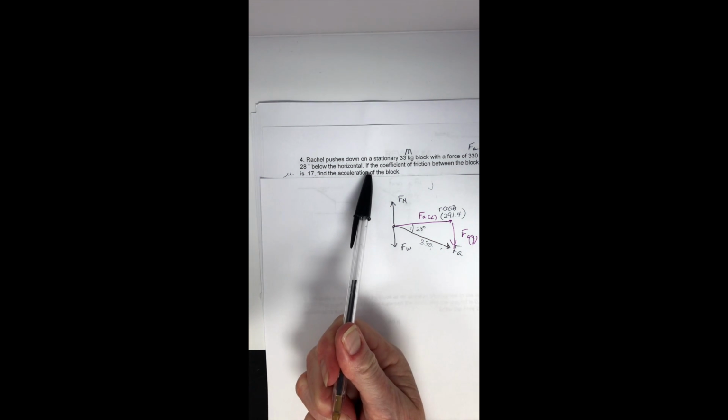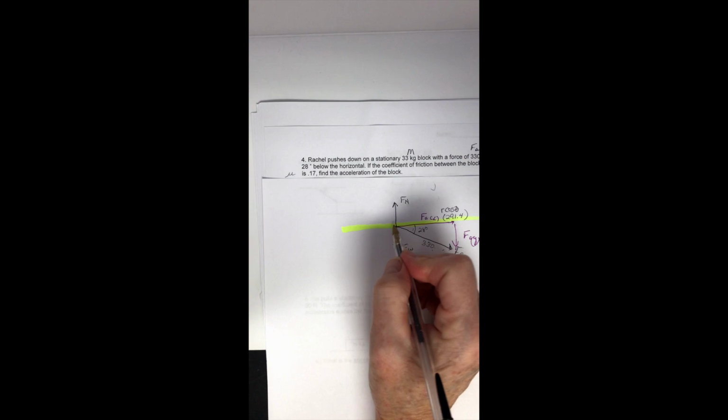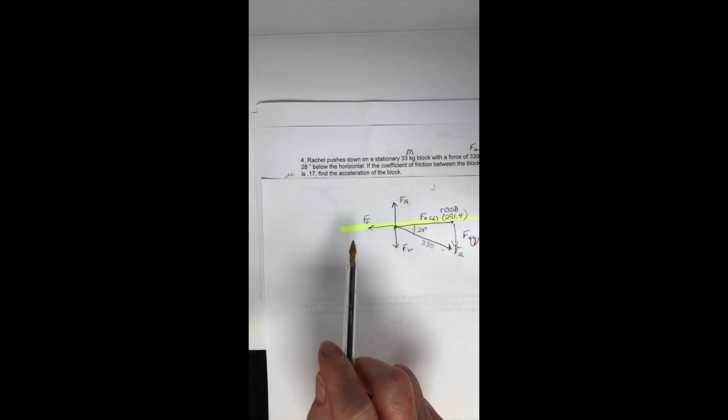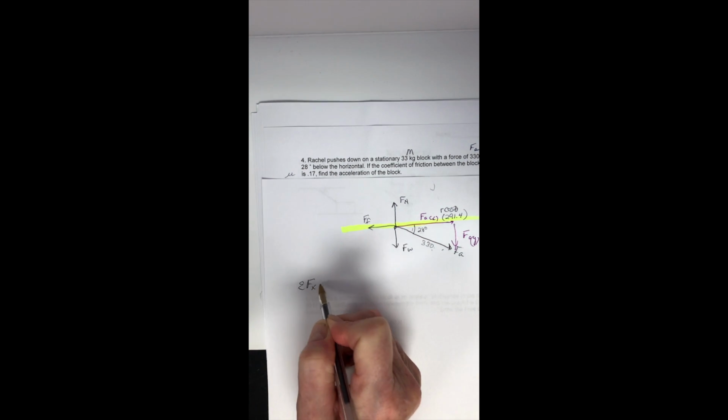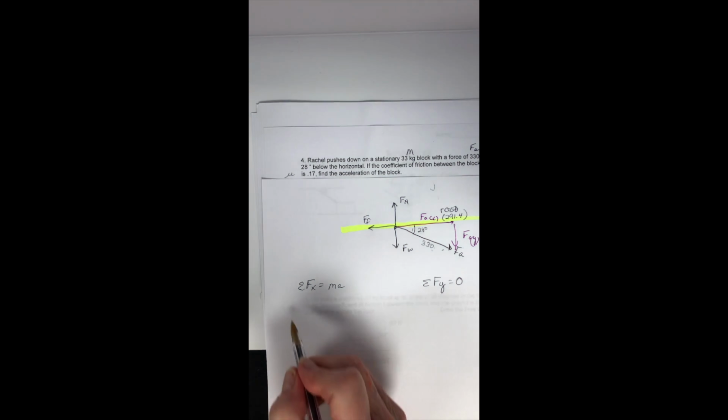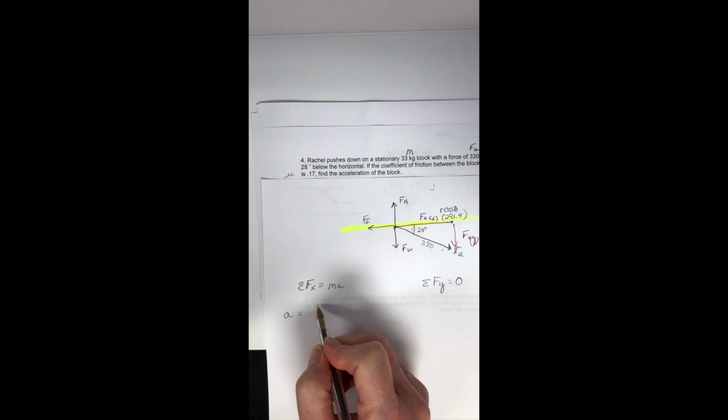Find the acceleration. So we know that the block is accelerating this way. Oh, I forgot one force. Sorry about that. I've got force friction. She's pushing on it, and it's accelerating that way. So all the forces in the X equal ma. Therefore, all the forces in the Y cancel out and equal 0. Acceleration equals who?